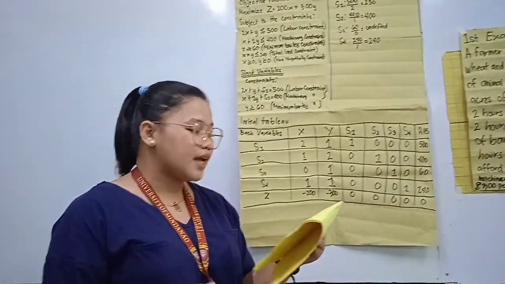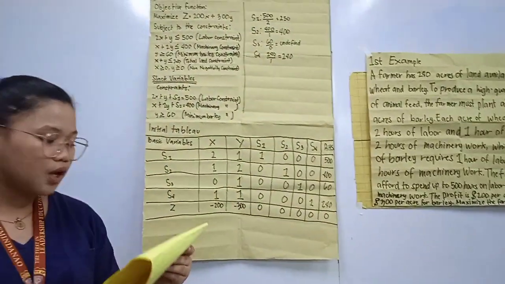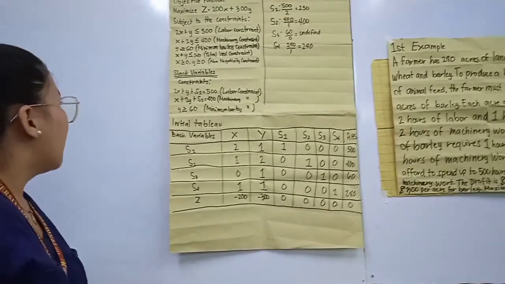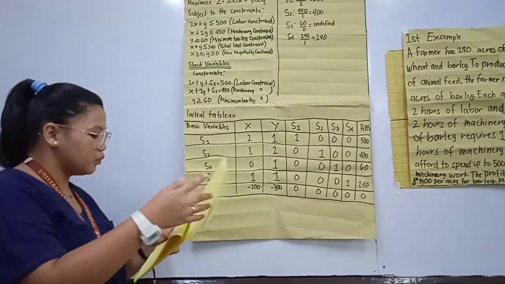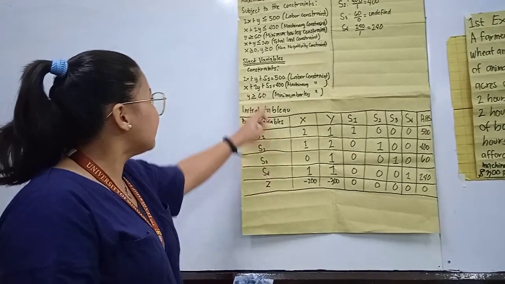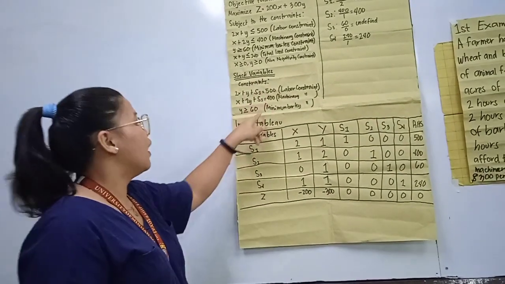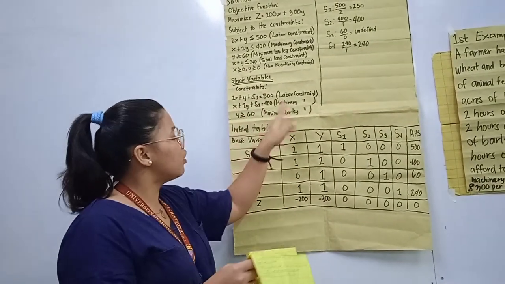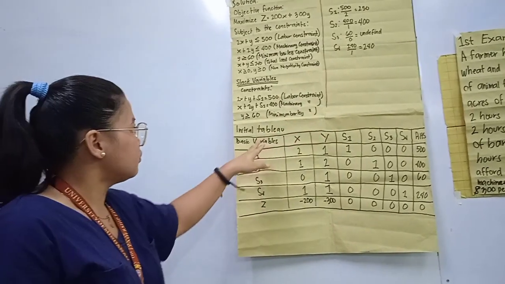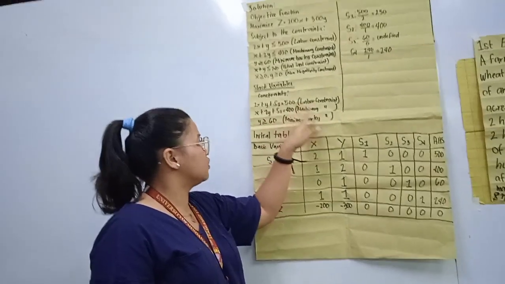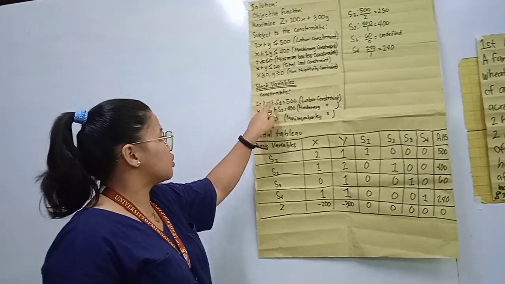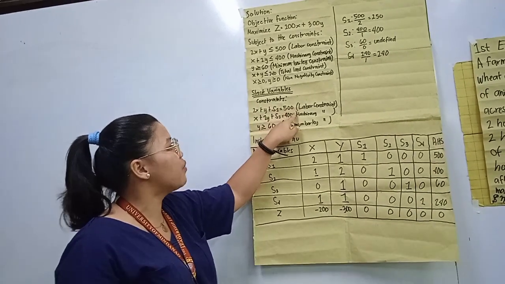Let's start by setting up the initial tableau by converting the inequalities into equations using slack variables. We're just going to add S1 to the labor constraint and S2 to the machinery constraint. So 2X plus Y plus S1 equals 500.